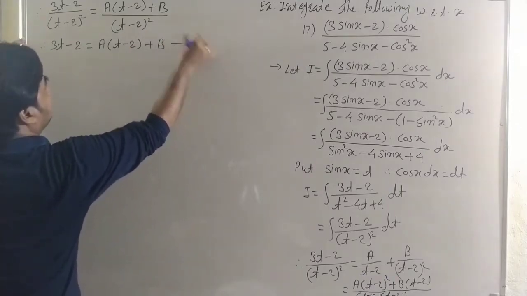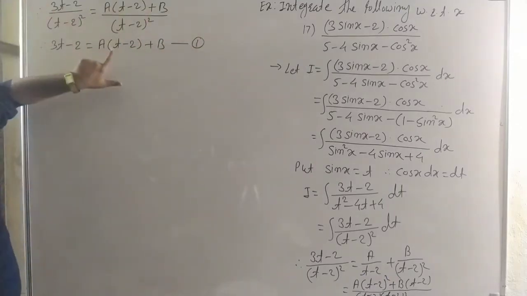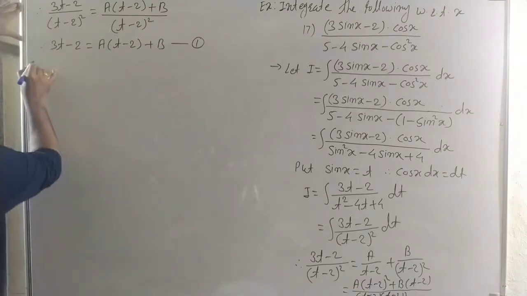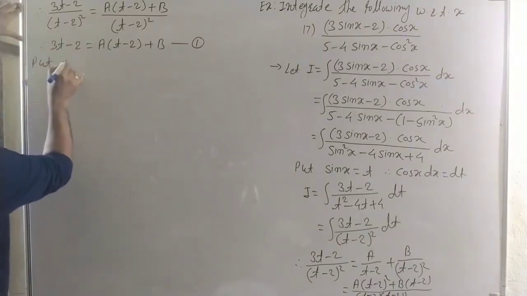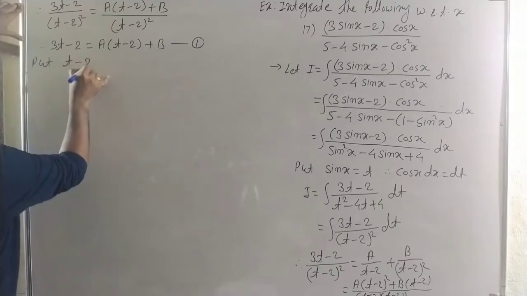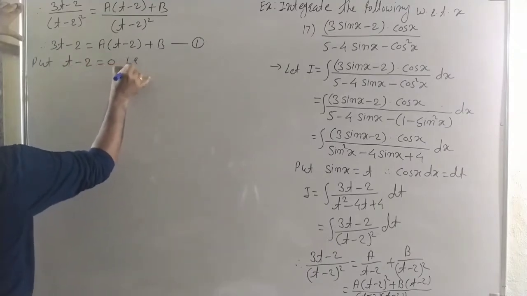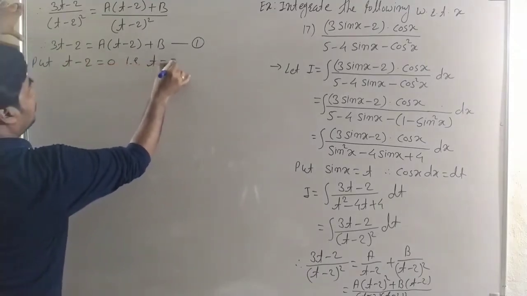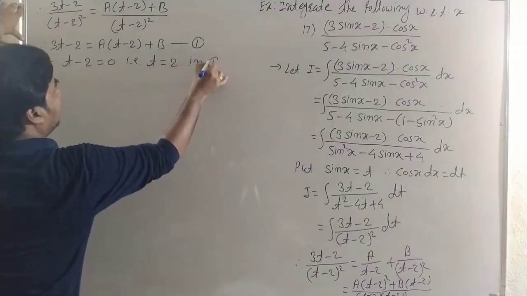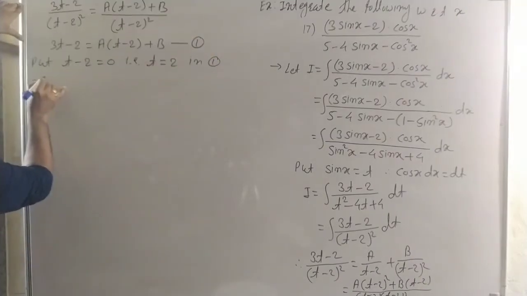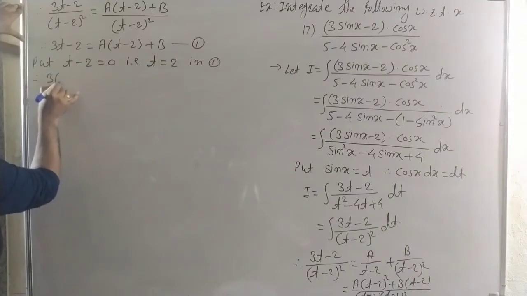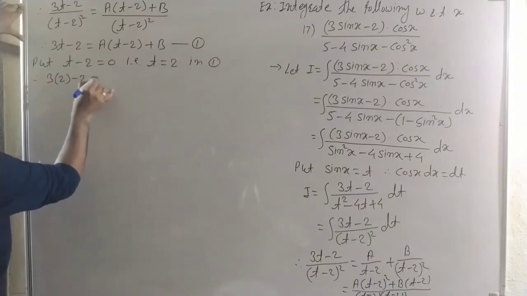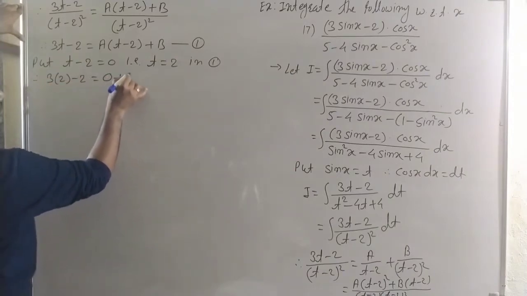It is equation number 1. Now first we put this linear factor equal to 0, therefore put t minus 2 is equal to 0, that is t is equal to 2 in equation number 1. We get 3 into 2 minus 2 is equal to 0 plus b.